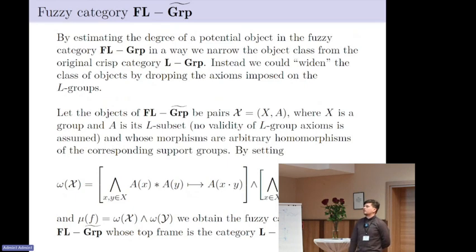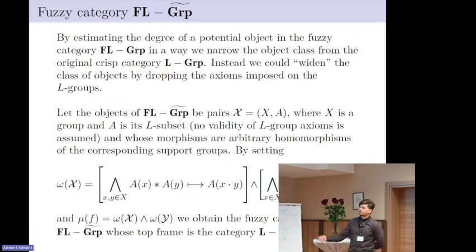Instead, we could widen the class of objects by dropping some axioms, for instance, those imposed on L groups. So we could look at all pairs of groups and a fuzzy subset or L subset without checking the validity of the L group axioms. And now we could measure the degree to which such a group is an L group using our implication.